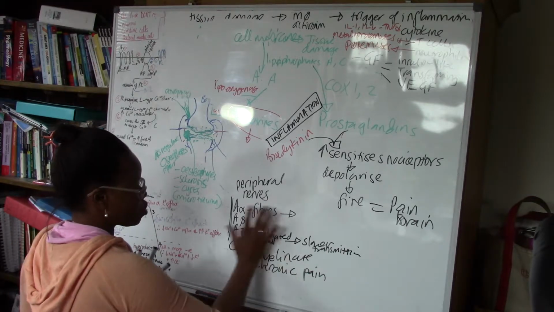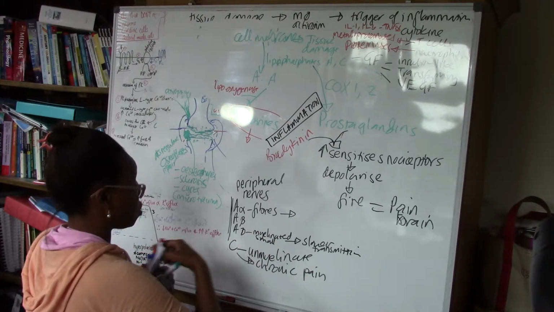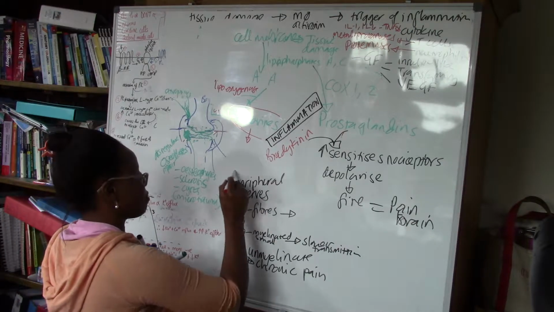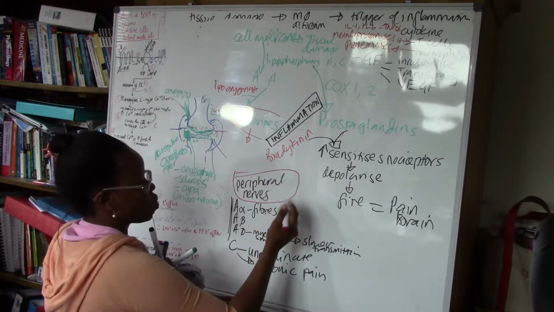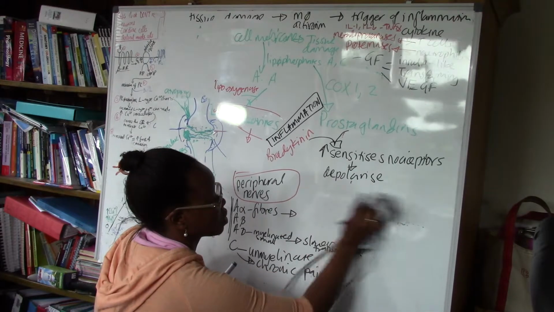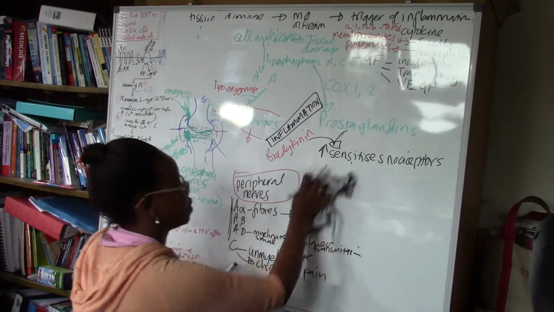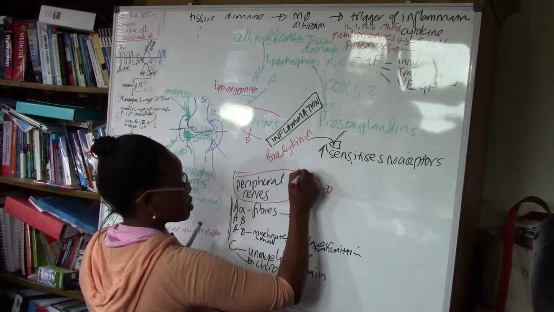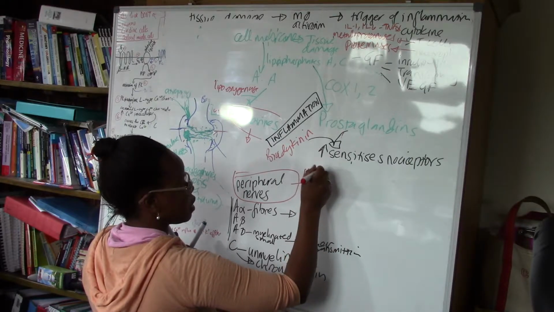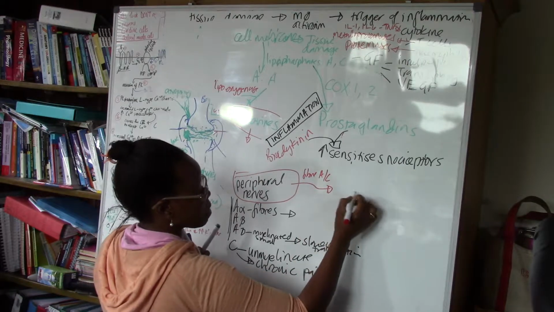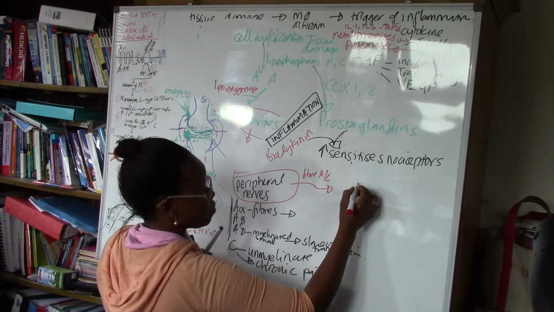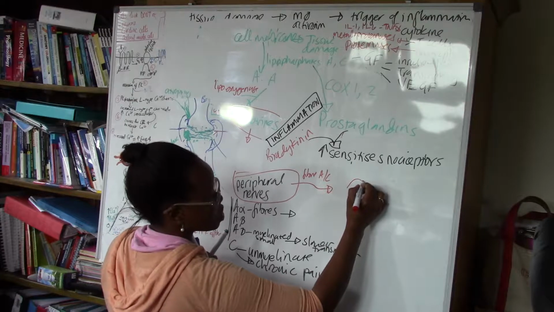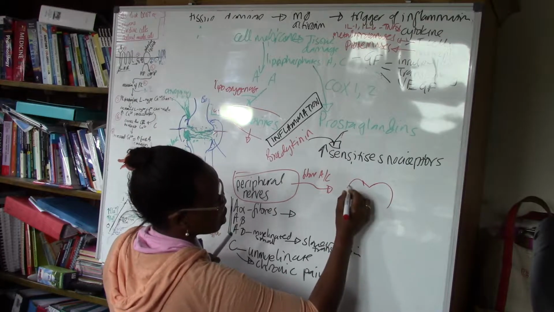And in terms of pain transmitting, it all begins in the peripheral nerves, so these will be the fibers, either the A or the C. So they will enter, they'll go into the spinal cord, basically.